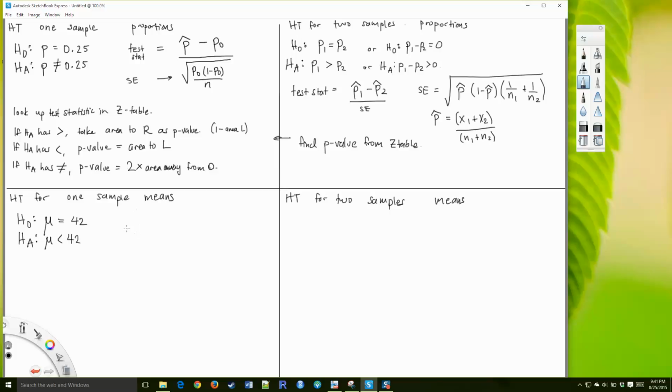Okay, your test statistic is going to be x bar minus whatever mu appears in your null hypothesis, divided by s over the square root of n.